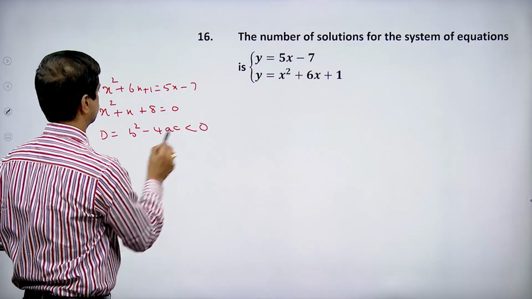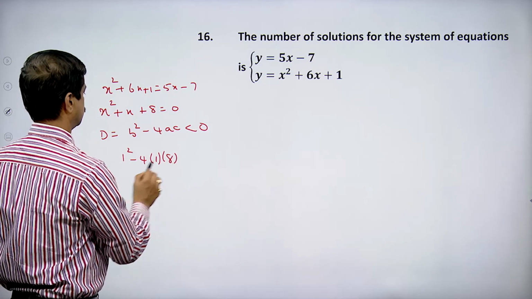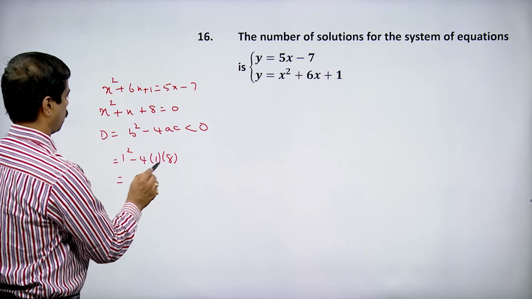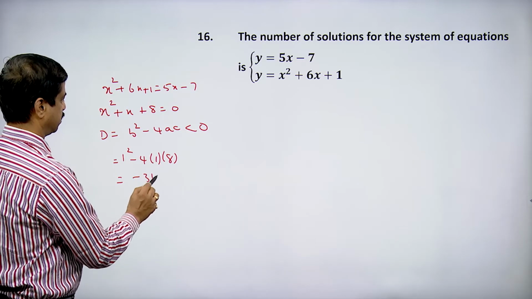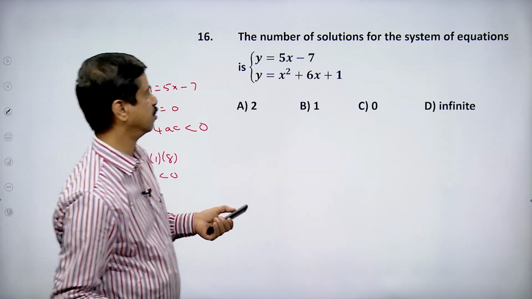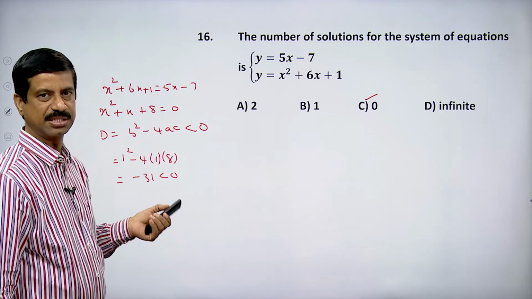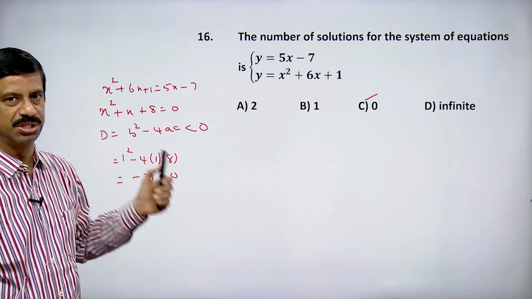You see, 1 square minus 4 into 1 into 8. So, this is 1 minus 32, which is minus 31, less than 0. Therefore, 0 real roots. Discriminant less than 0 means complex roots, which means 0 real roots.